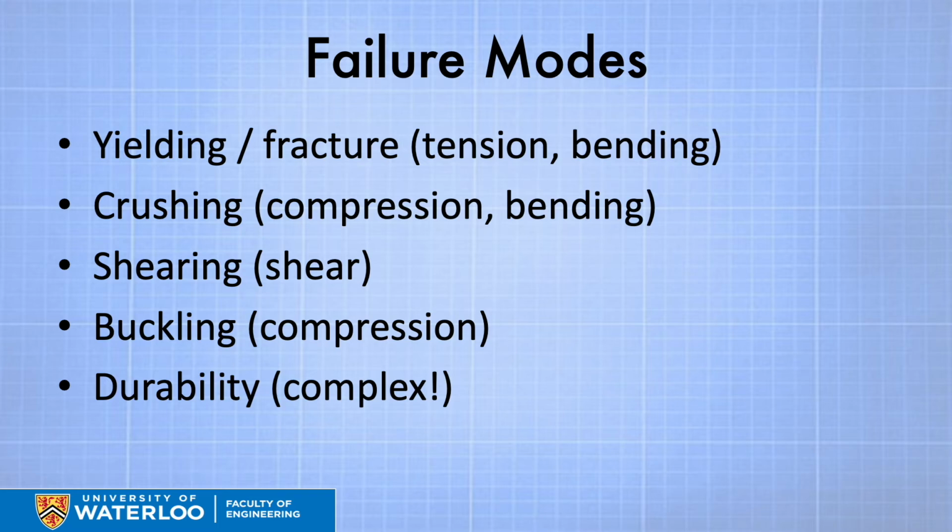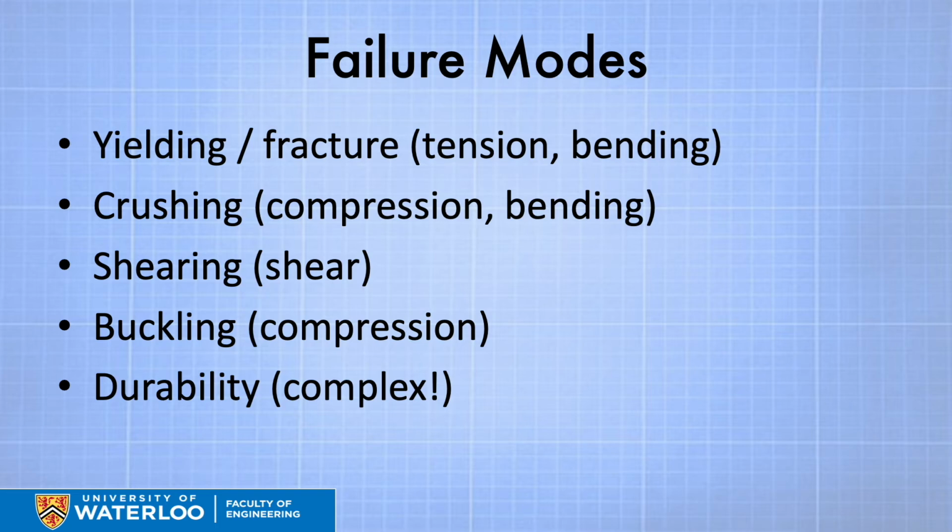These yielding and crushing modes have different material properties that would be used to say, don't exceed a certain stress to avoid yielding or fracture, and try to stay below a certain stress so that we do not get crushing in compression or bending.